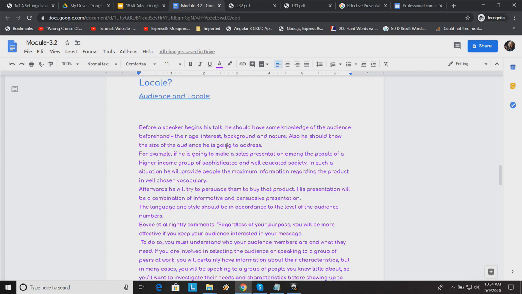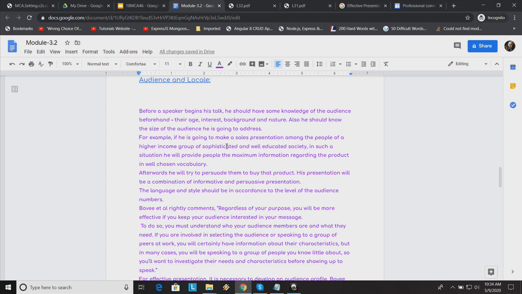You can also persuade them to buy that product, but it depends upon how you present it, upon your communication, and upon your hand gestures while giving the presentation.